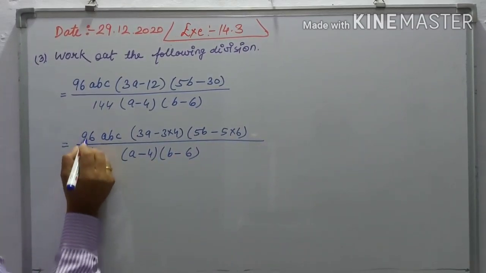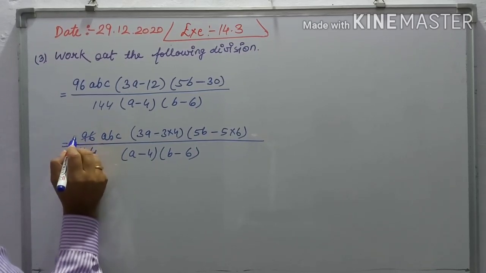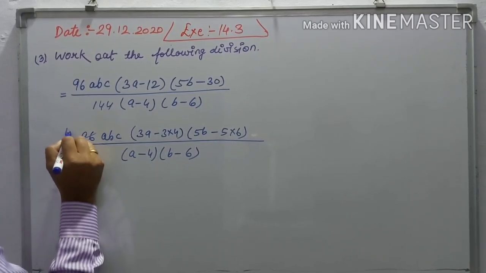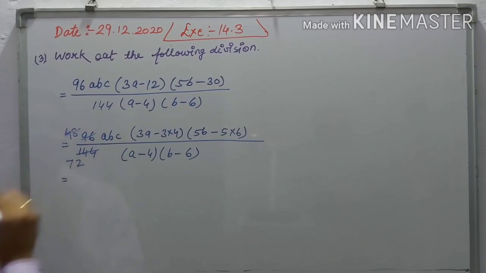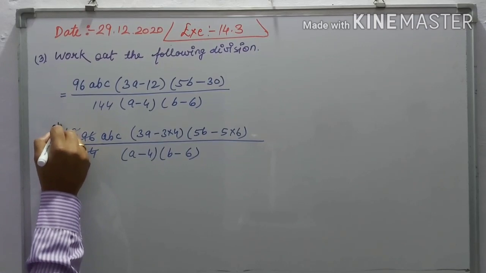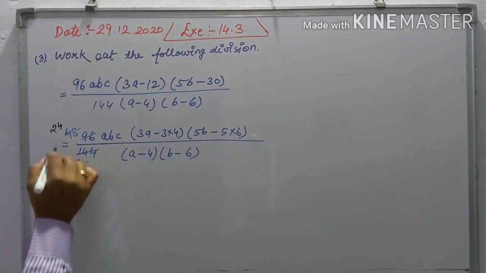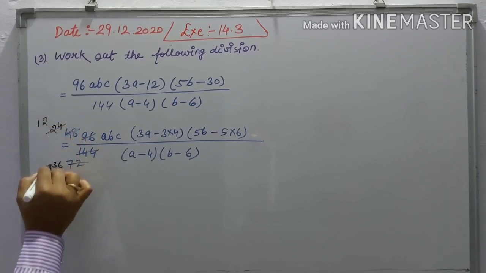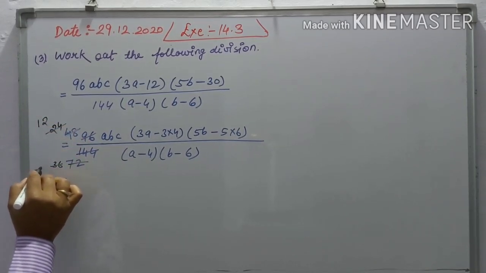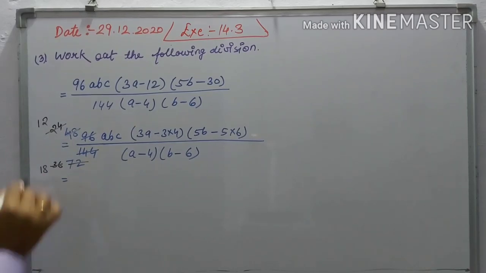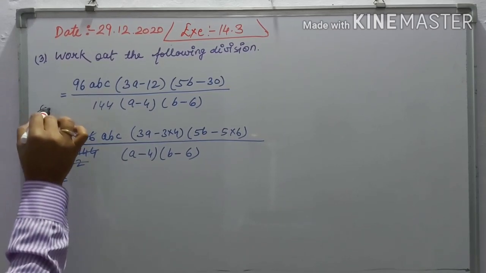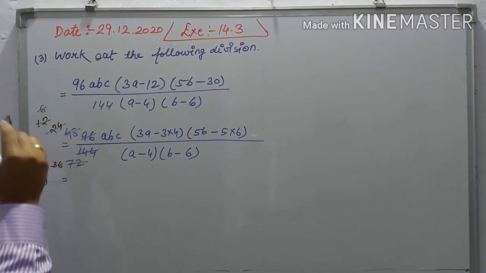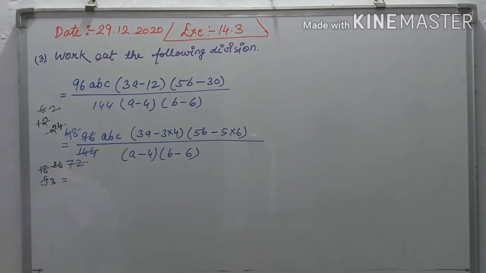Okay, now cancel with 2: 2 fours are 8 and 2 eights are 16, 2 sevens, again 2 twos, 2 twos are 4 and 2 fours are 8, 36, again 2 ones are 2, 12 and 2 eights are 16, then 3 twos and 3 threes.